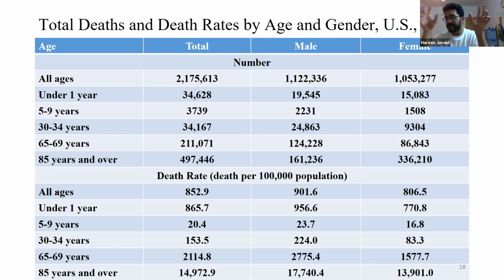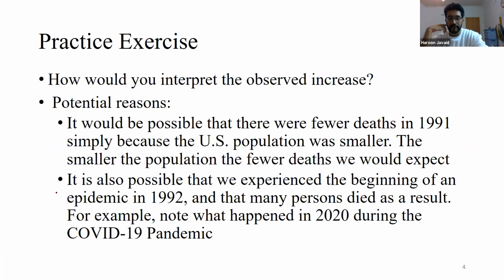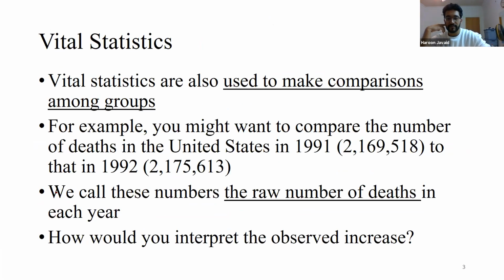Crude and raw are not related to each other. Raw is basically this number of deaths in 1 year. Okay, raw is basically number of deaths in a particular year.